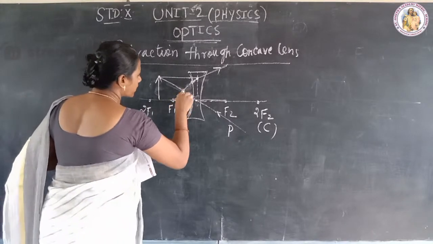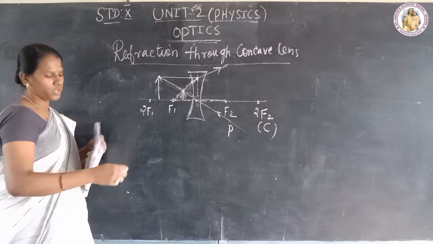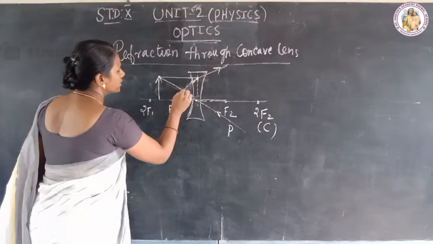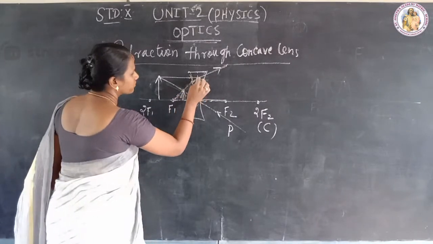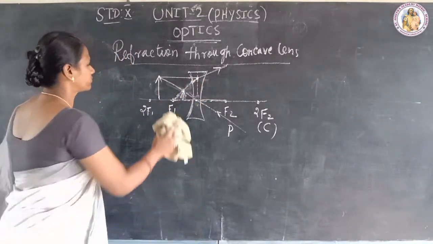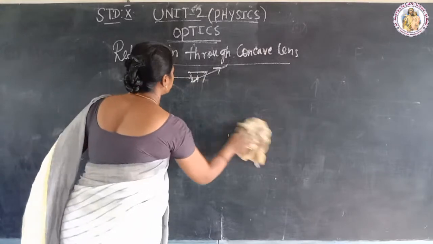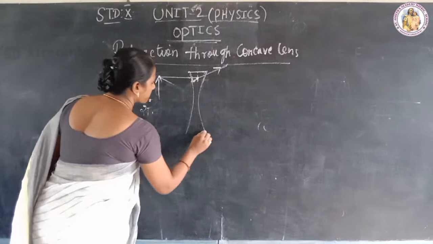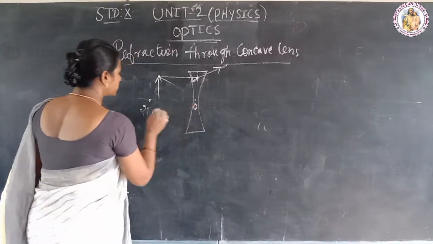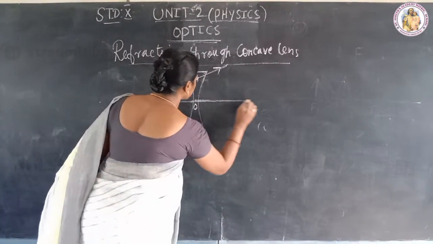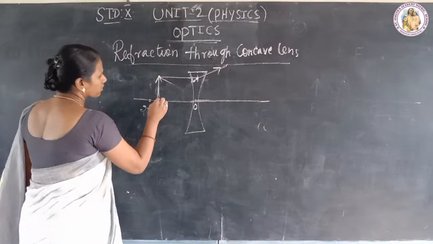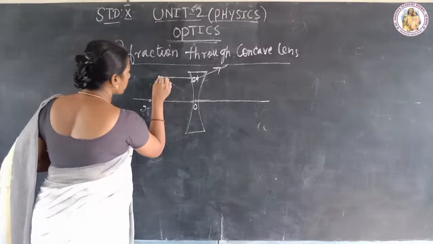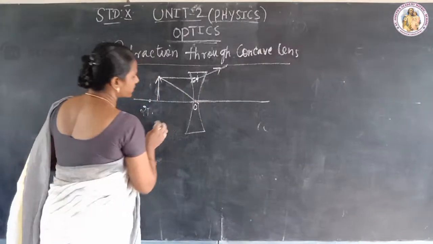The image is erect, not upside down. One ray is from the backward extension. Clear? How is the image formed? Let me explain clearly. O is the optical center, and this is the principal axis. One ray passes parallel to the principal axis, and one ray passes through the optical center.